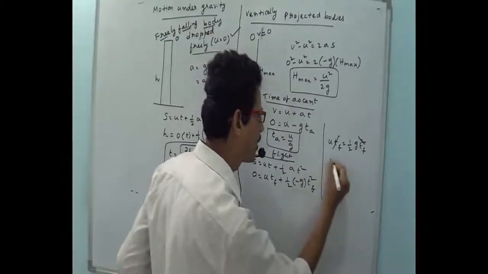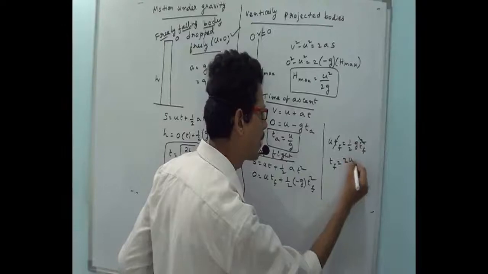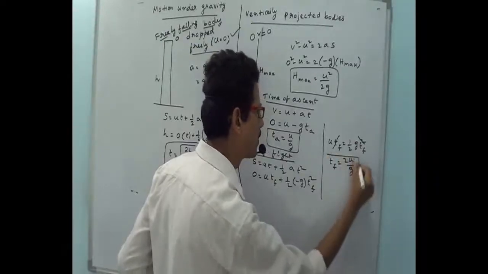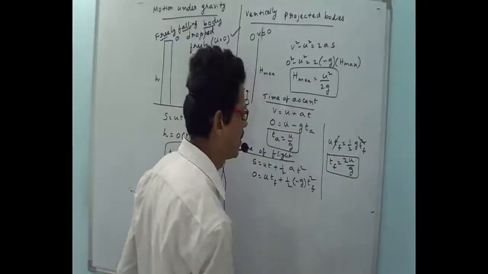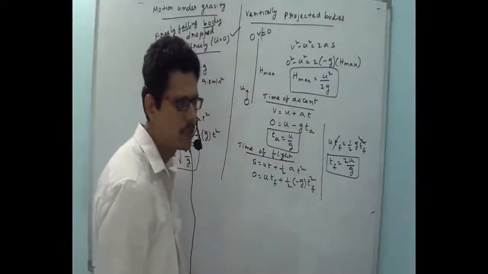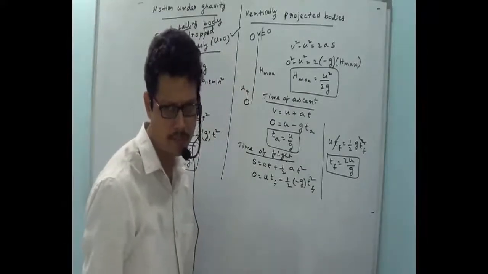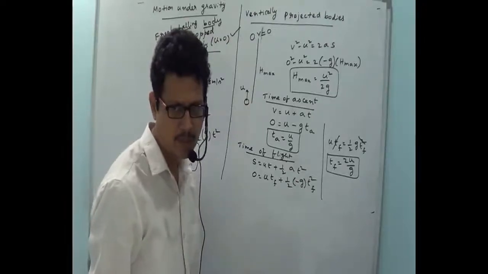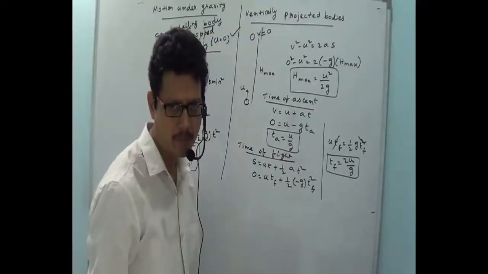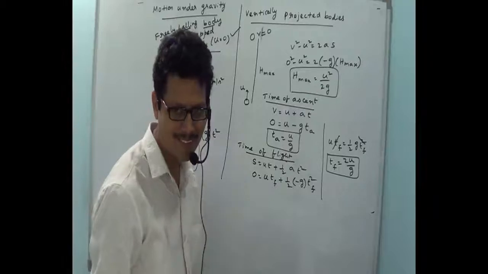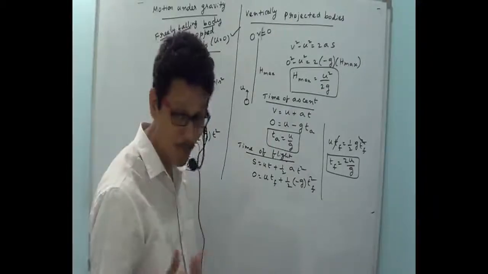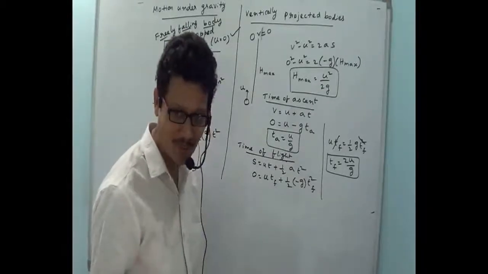Right. And time of flight is nothing but 2u by g. This is time of flight. Time of flight is the time taken by the body to remain in the air. Time taken by the body, not the human body, a ball, a stone, okay?